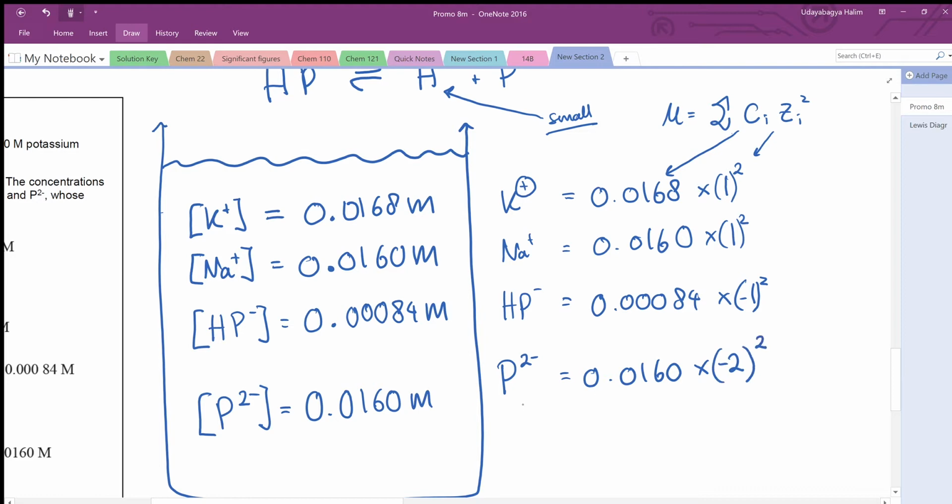In order to find the ionic strength, we simply have to add everything together and multiply by half. Half times the sum of what we have here on the top. So let's just do the calculation really quickly. Do you guys want me to go through the calculations or not really? Or you've already done it? I think you guys are okay with it.